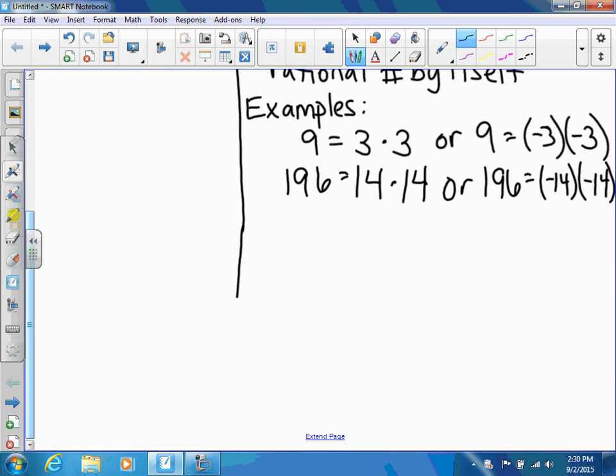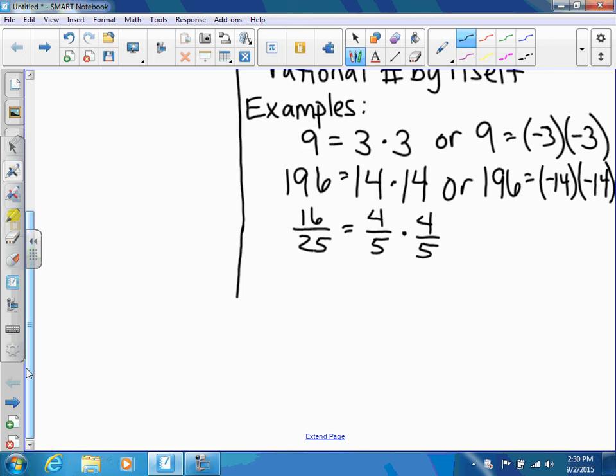Okay. The next part, though, is something that you're not used to seeing, and that's fractions and decimals. They can also still be considered perfect squares as long as it's being multiplied by itself. So if I have the fraction 16 over 25, that can be made by multiplying 4/5 times 4/5, or -4/5 times -4/5 even.